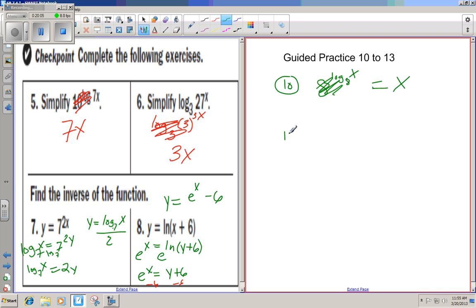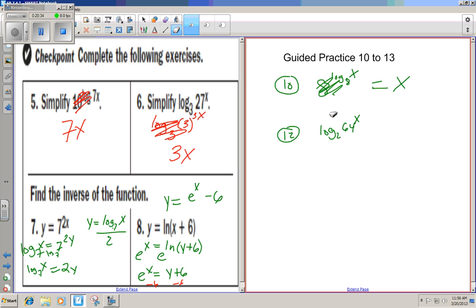Number 12, log base 2 of 64 to the x. To undo a log base 2, you put a power or an exponential of base 2. Oh, I'm sorry. I'm getting ahead of myself here.